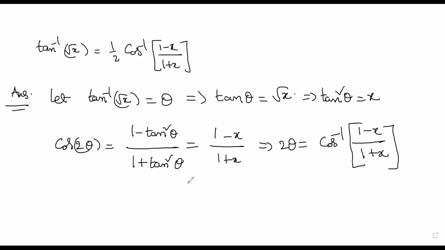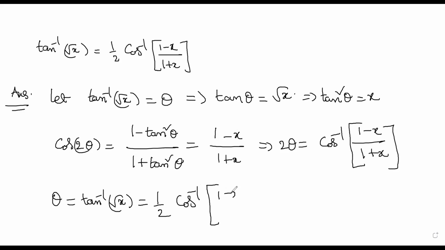And now theta is half of this. Theta is nothing but tan inverse of root x, that's where we started. That is nothing but half of cos inverse of (1 minus x) by (1 plus x). Hence proved.